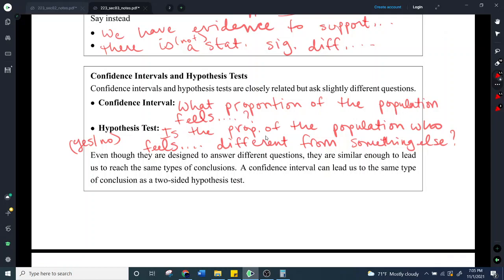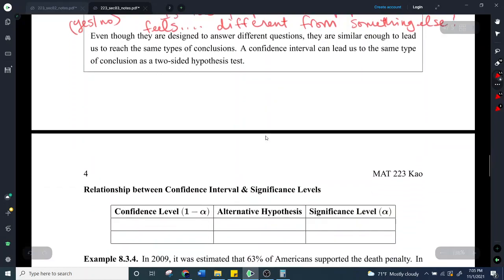Is the proportion of the population who supports a certain candidate the same as 60%, or is it something different? We don't know with a hypothesis test what the proportion is. We just are comparing it to what we previously thought it was. So a hypothesis test is always going to be a yes or no question, essentially. So they're designed to answer different questions, but they lead us to similar conclusions. A confidence interval can lead us to the same type of conclusion as a two-sided hypothesis test.